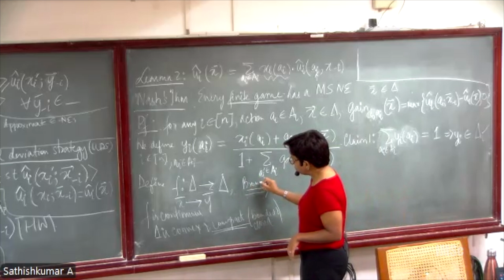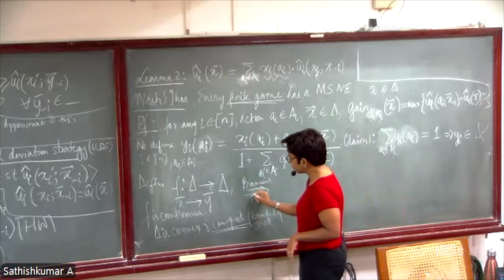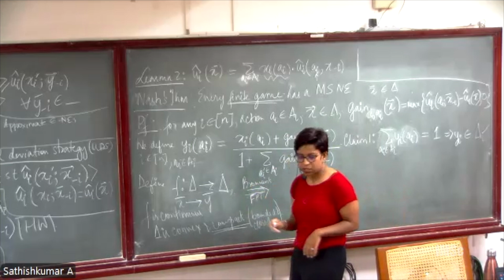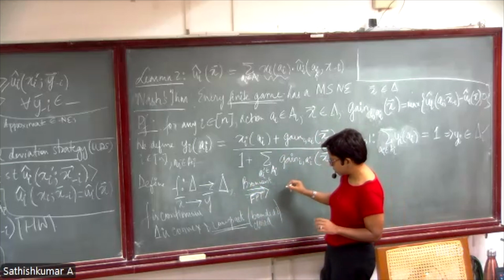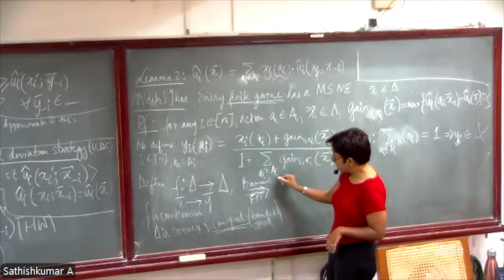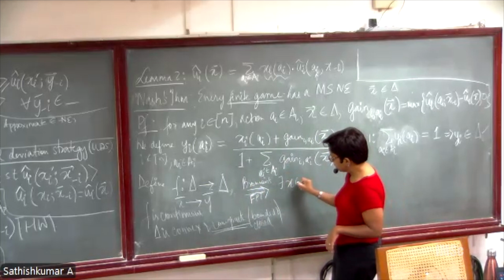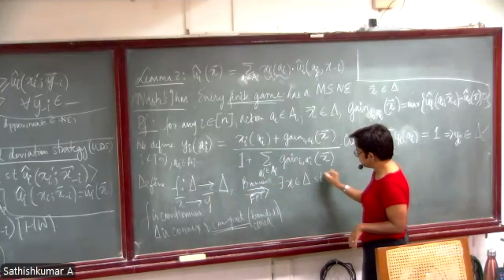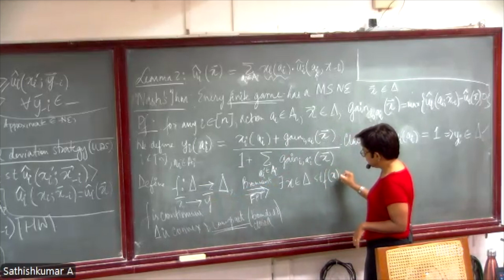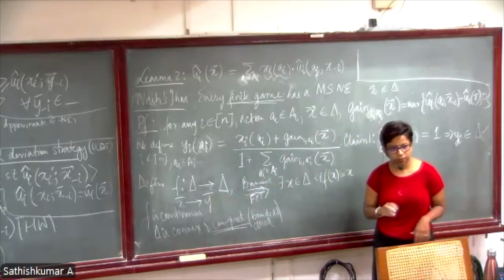We are using Brouwer here, and there are several fixed point theorems in the literature. The original proof used Kakutani's, which is slightly different, but Brouwer's works just as well. The fixed point theorem says that there exists an x in the domain such that f of x is equal to x.